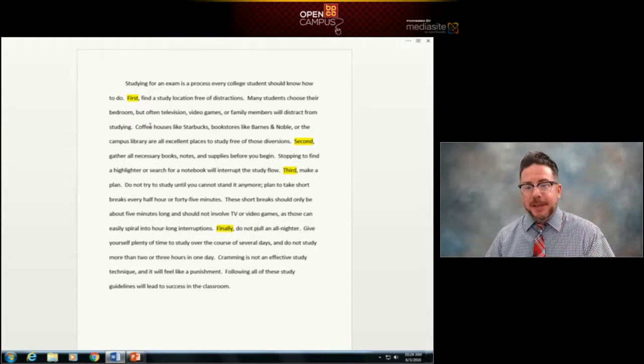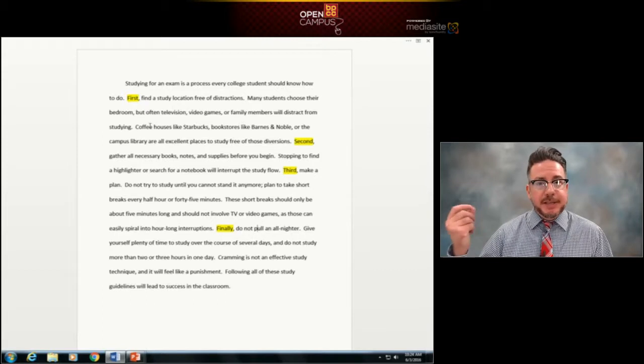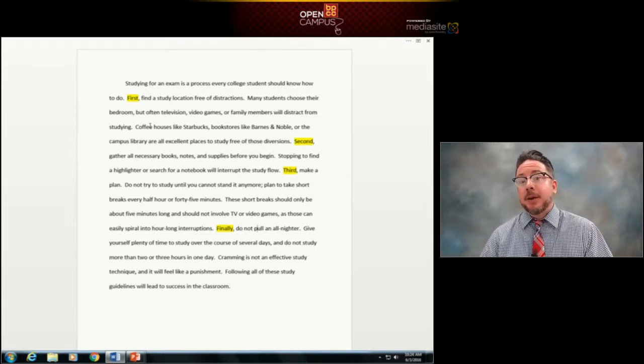Okay, those specific examples like Starbucks, Barnes & Noble, the campus library, those are terrific examples, because those specific details, those specific names of places are going to stick in your reader's mind. And it also helps your reader identify with your writing more when they can recognize specific places, specific names. So always include those specific details.